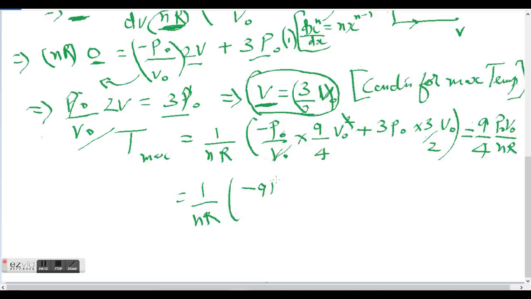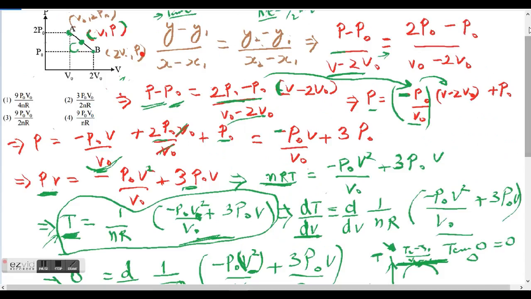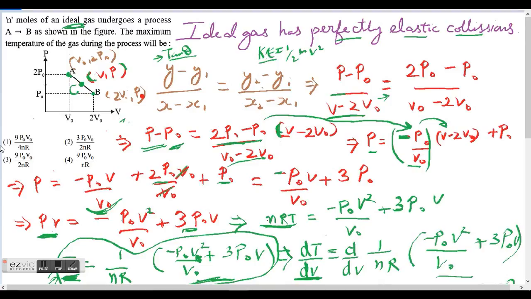I will get negative 9 P naught over 4 plus 9 P naught V naught, actually this is also V naught, negative P naught V naught over 2, and then I can take the LCM, make this 4, make this 18. 18 minus 9 is 9, so I'll get 1 over nR multiplied by positive 9 over 4 V naught, and that is the same as this, and this is option number 1. So option number 1 is your correct option.